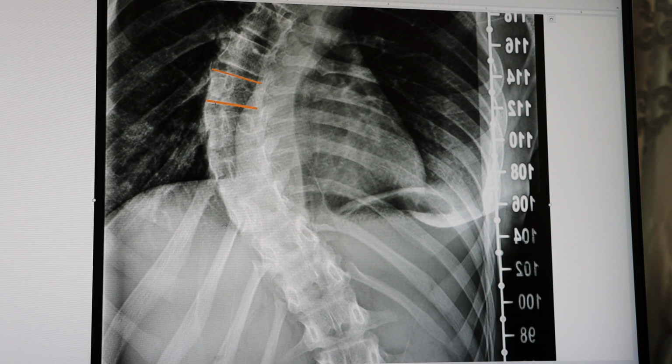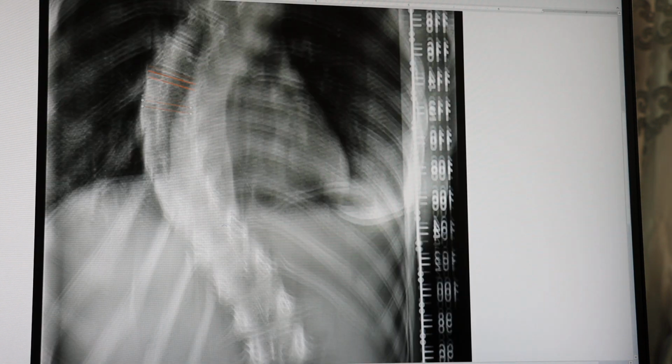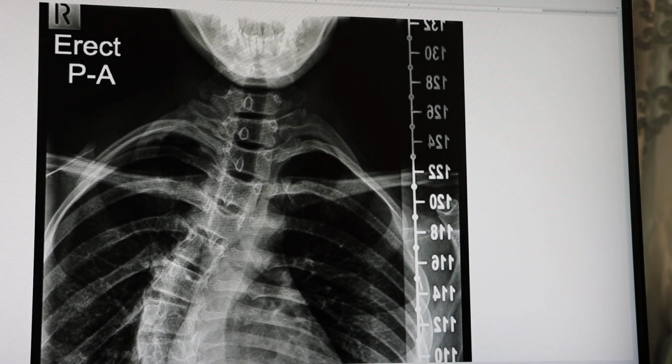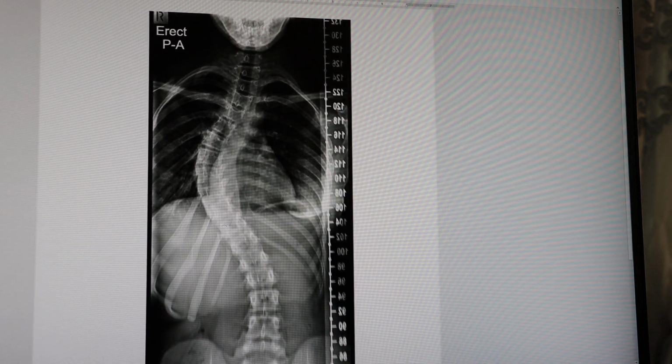Others do consider it as a progressive action of the vertebra, in which case the apical vertebra, or the vertebra at the apex of the curve, starts to take a wedged shape. So that's all about the first observing view of the image.